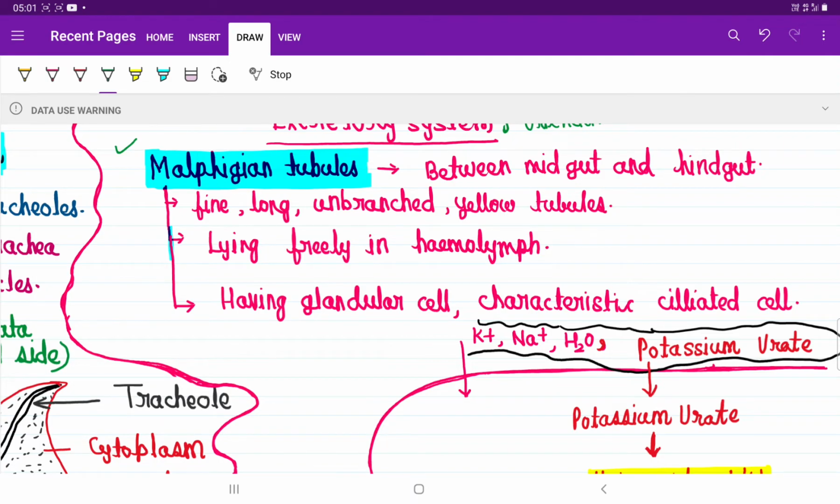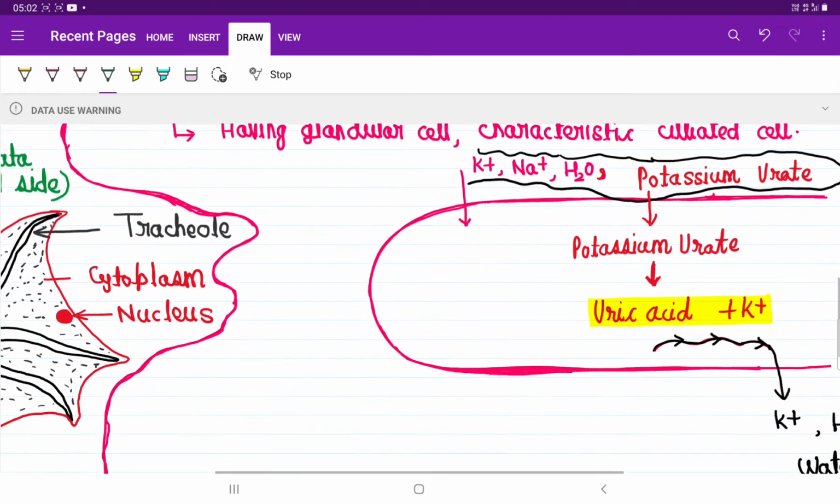They are fine, long, unbranched yellow tubes. They take uric acid from the hemolymph and excrete it there. They have glandular cells, and ciliated cells are also present.